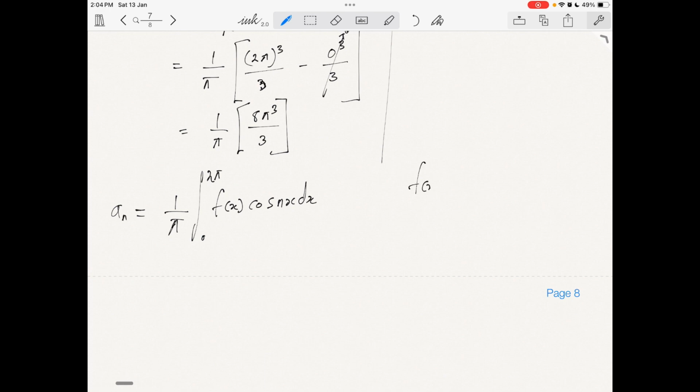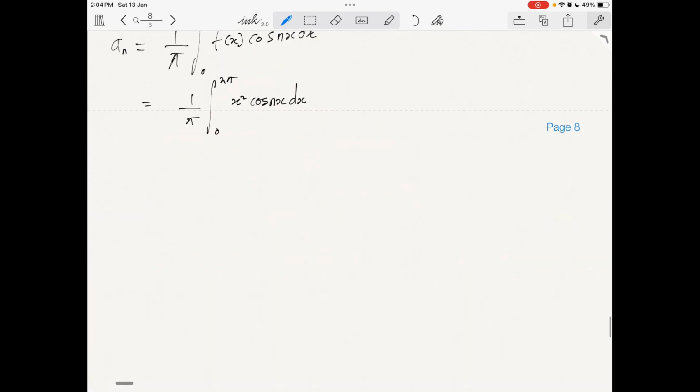Now we recall that f of x is equal to x squared from the question. So when we substitute that, we have 1 over pi integral of 0 to 2 pi of x squared cos nx dx. Now with that done, we go back and look at our theorem of integrating uv.